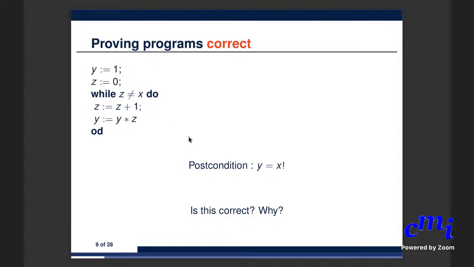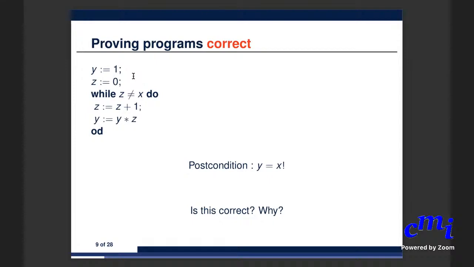I think this is a bit of a trick question. Because what would happen if x were 0? Even for 0, it is okay because y is initialized to 1. If x is negative, assuming x is an integer, it may not be okay.